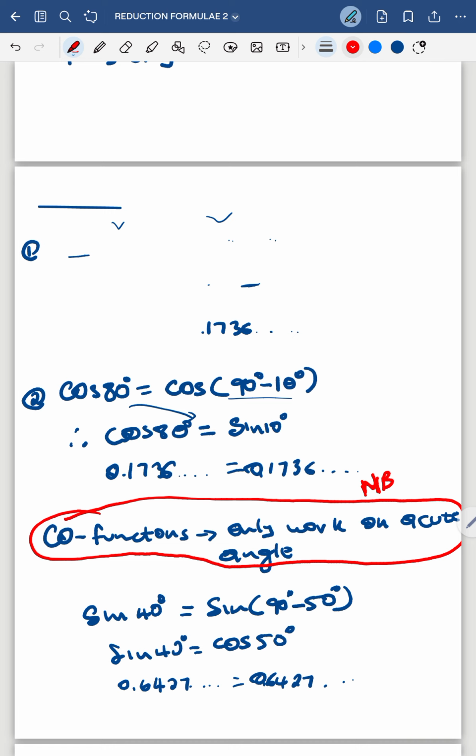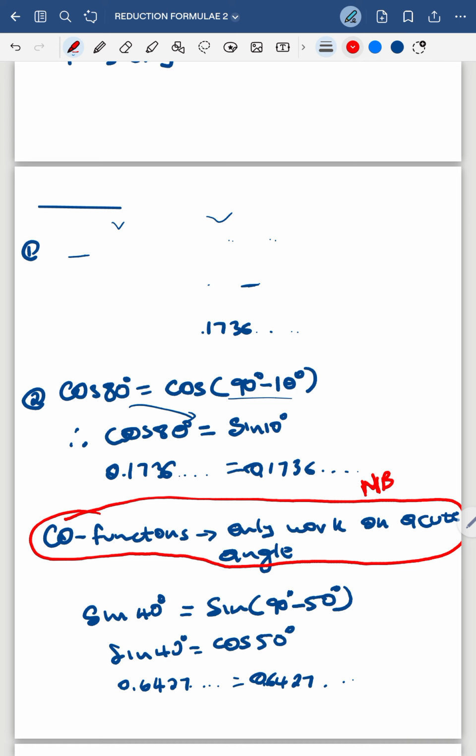Okay, so now let's have examples of these cofunctions. Let's not have examples yet; let's finish them first.